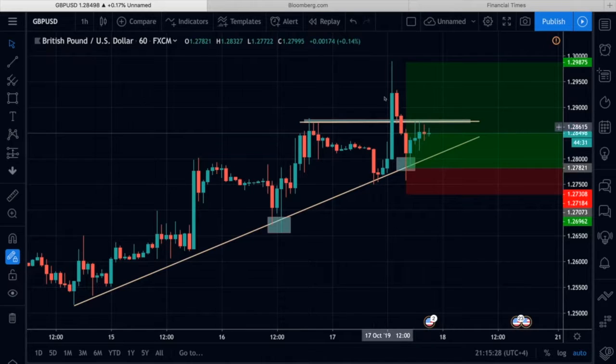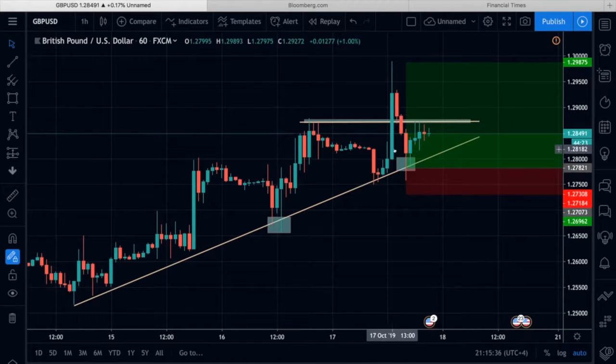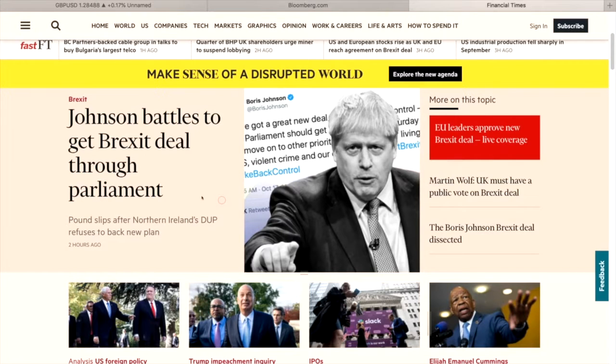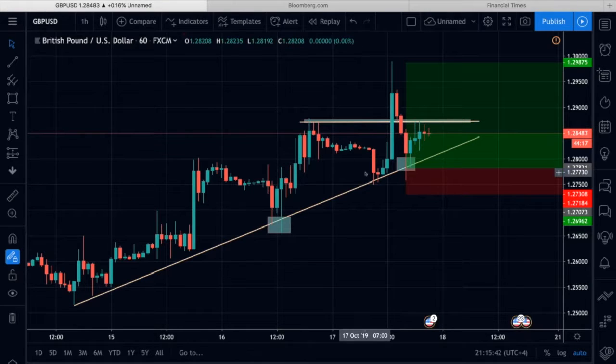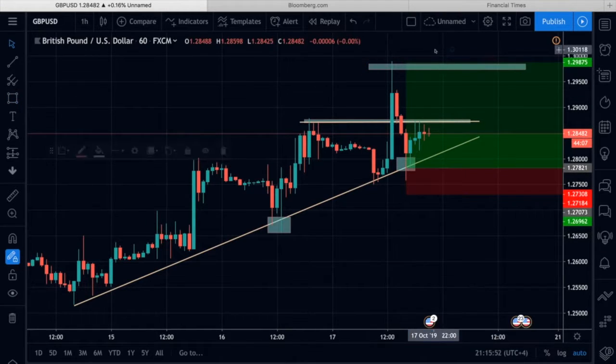So I saw this, it breaks the line, and I know in general this news has a lot of power. So it can go up probably first here, this is the first TP, and here a second TP. So what should I do?